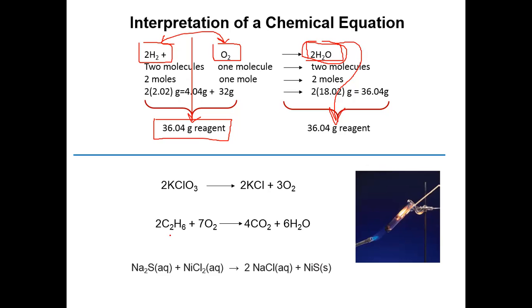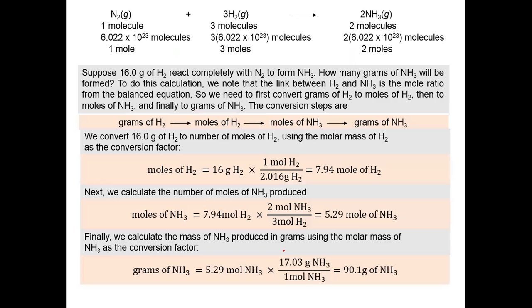The same thing is here, so you need to balance the equation and then see if you have the same amount on the right and left-hand side. Let's discuss a particular example of how we find some information after we write the chemical equation. We balance it, we find the number of moles, okay?